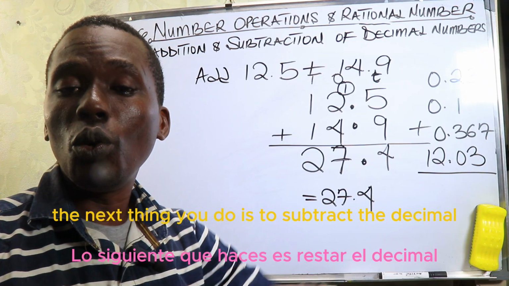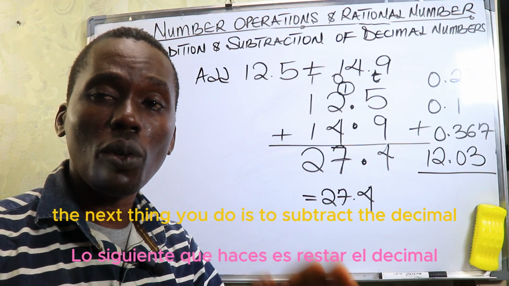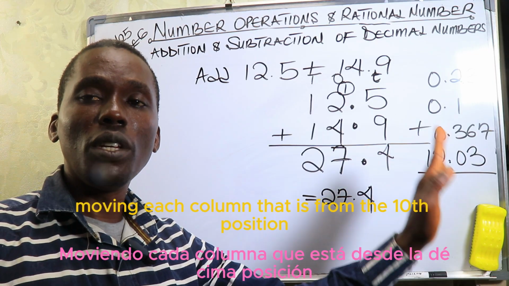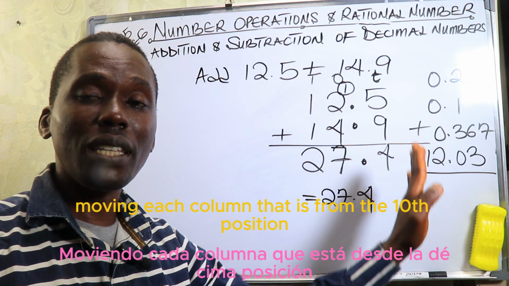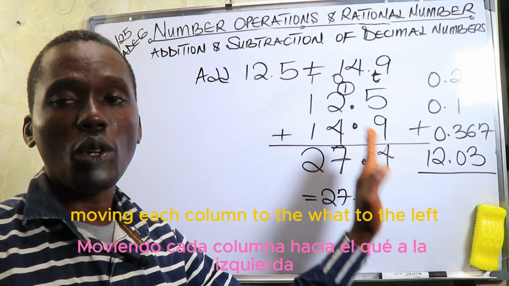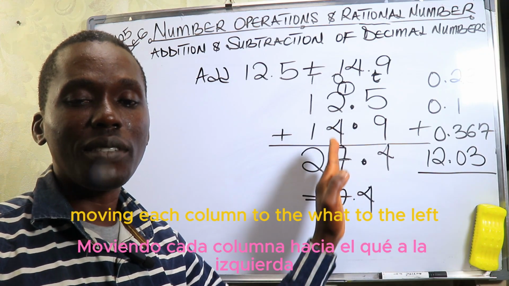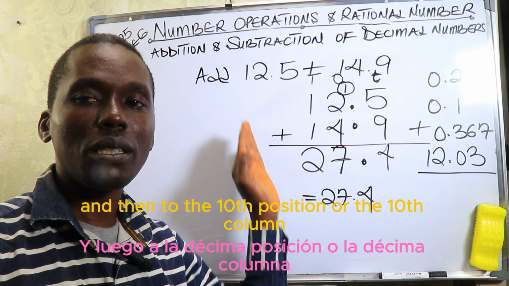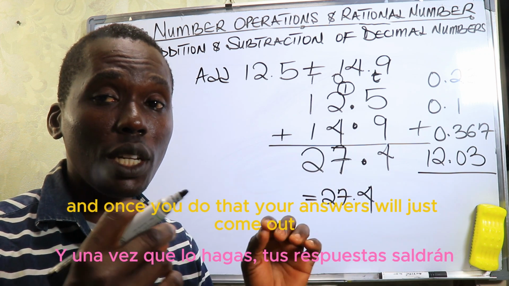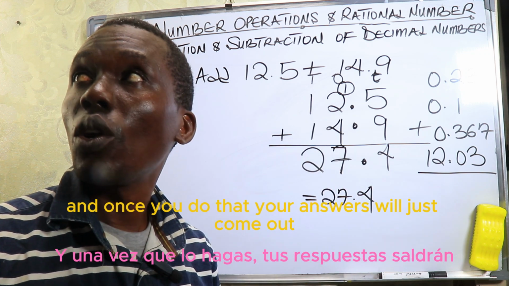The next thing you do is to subtract the decimal numbers, starting from the right, moving each column to the left, from the tenth position or the hundredth position to the next column. And once you do that, your answers will just come out.